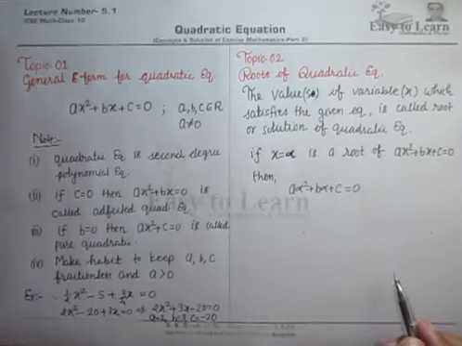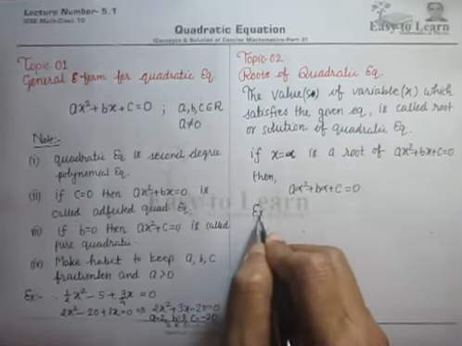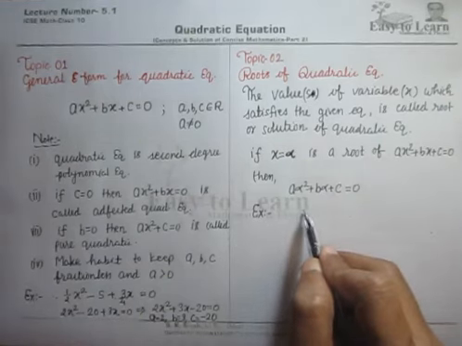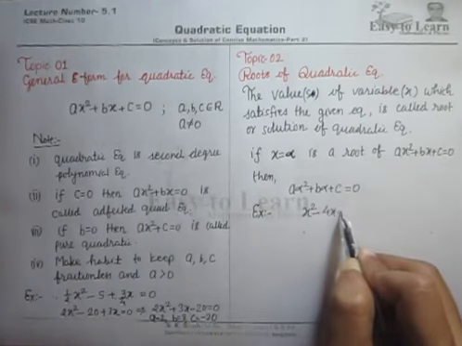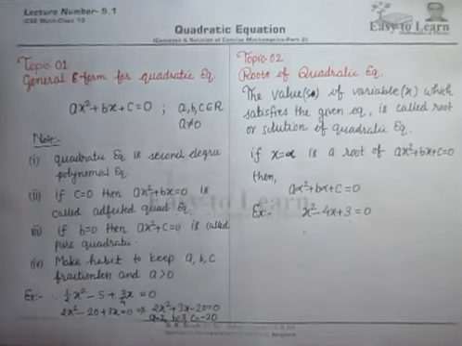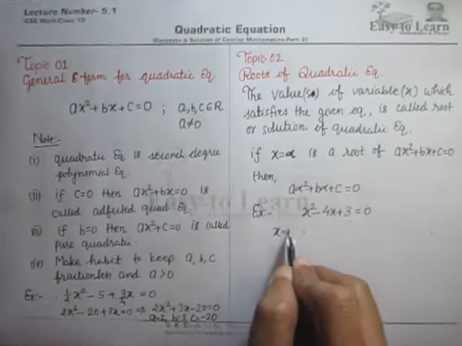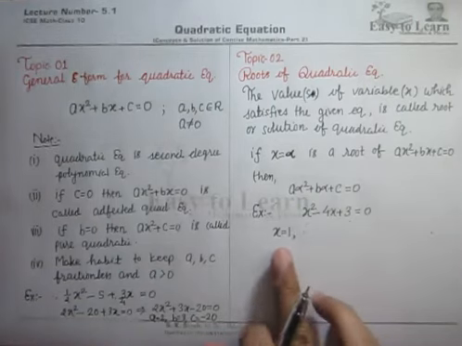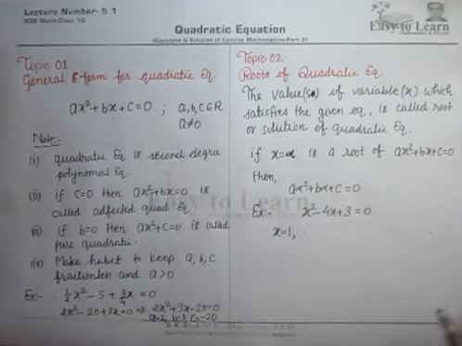Let us take a practical example. Suppose a quadratic equation is given: x square minus 4x plus 3 equal to 0. Now, is x equal to 1 a root of this equation? Suppose we have to check whether x equal to 1 is a root of this equation or not. So let us check.